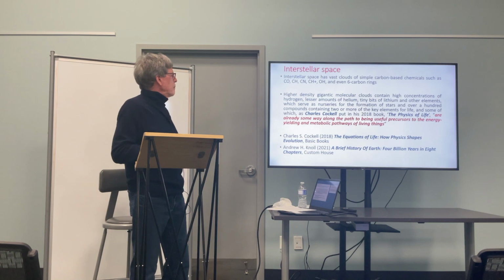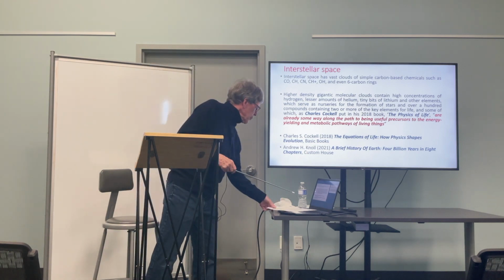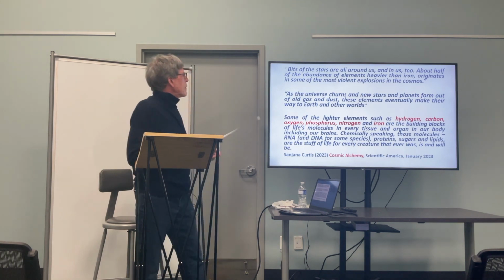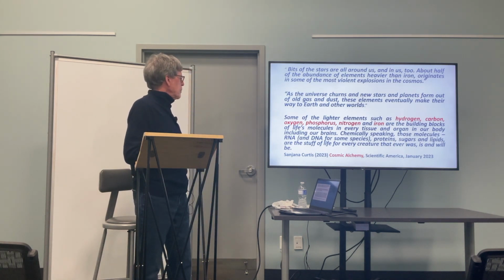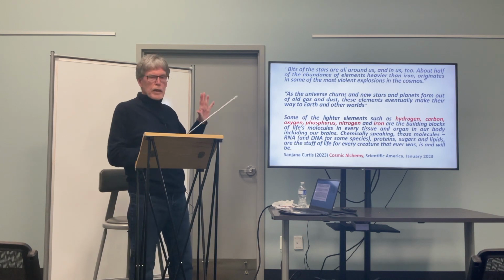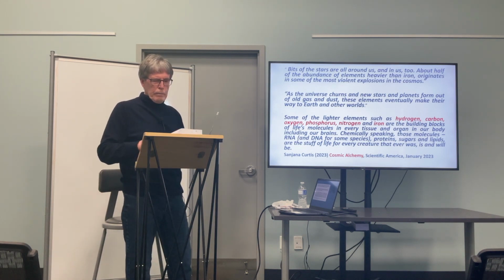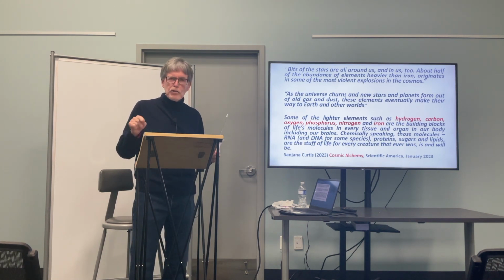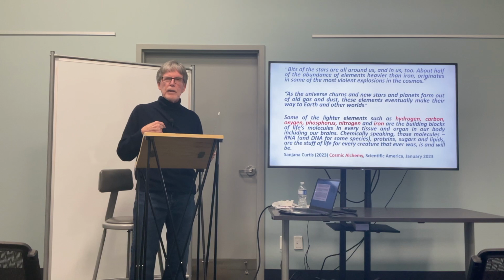So, we'll just swing along here. Now I kind of like this when I get somebody. This is a professor, a woman, who wrote quite an interesting article in Scientific American. So I just kind of read this a bit. But bits of stars are all around us. We're not aware of that. And in us, too. We are made of stardust.